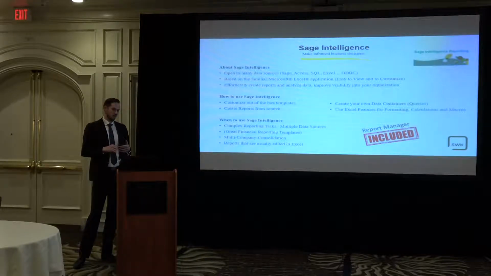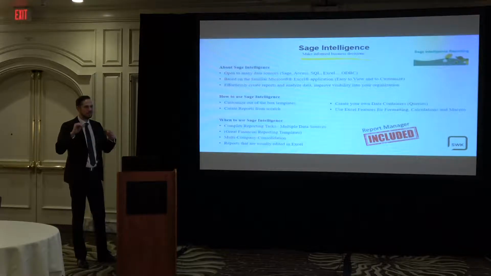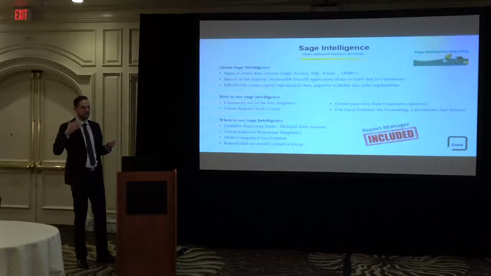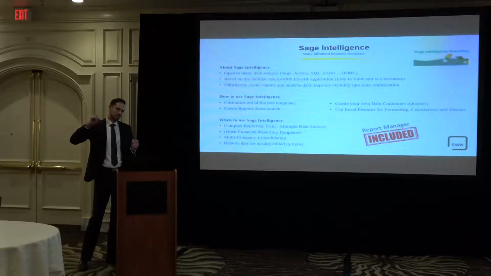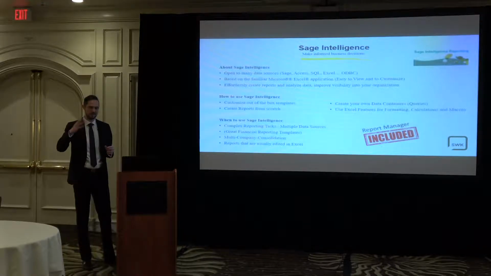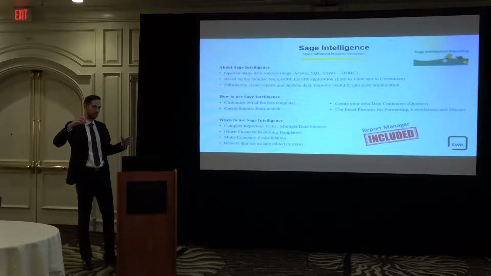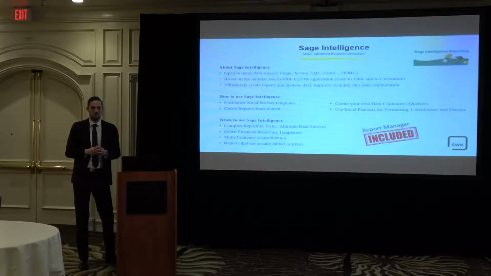This could be a SQL server. This could be an Excel file. So there are a lot of databases that have this ODBC connectivity. And with Sage Intelligence, we are able to pull data from Sage, and at the same time pull data from these other data sources and merge the data into one report in the end. So that opens a lot of possibilities.